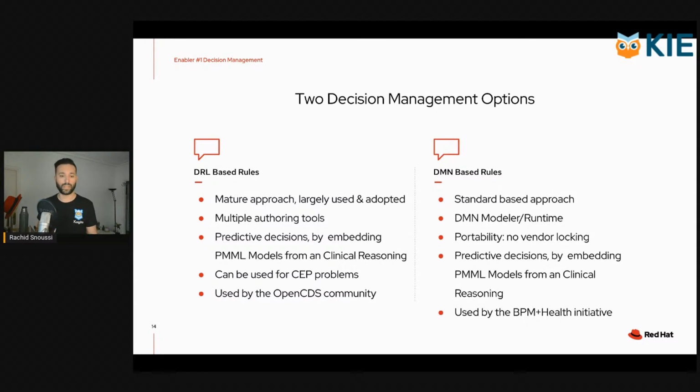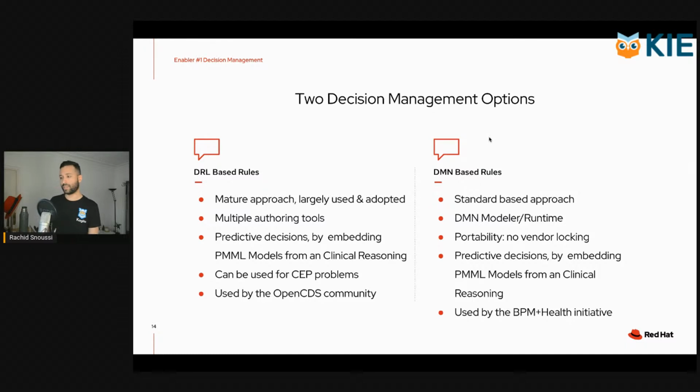We offer a multitude of authoring tools. We can embed predictive decisions using BPMN models. We can use it to solve complex event processing problems. There's a community called OpenCDS that provides DRL-based CDS logic that you can reuse here.